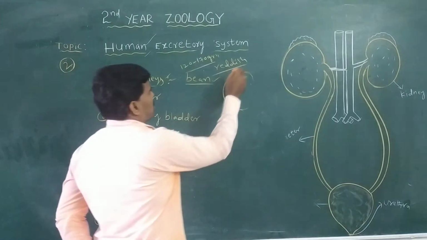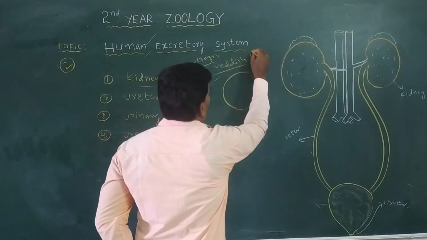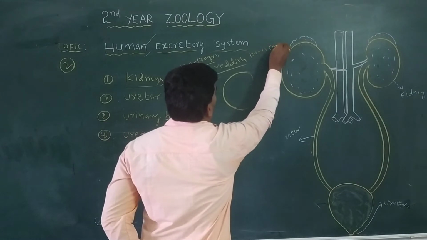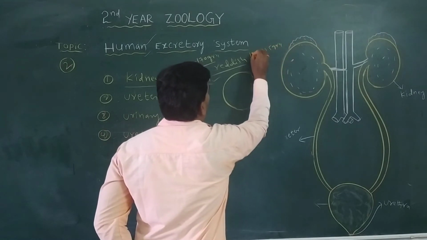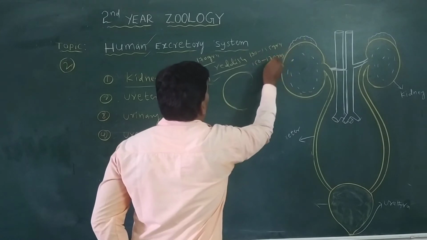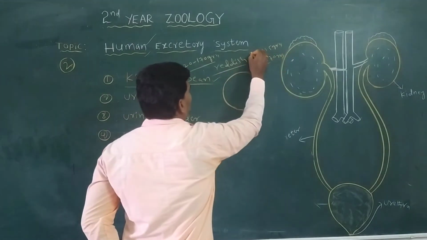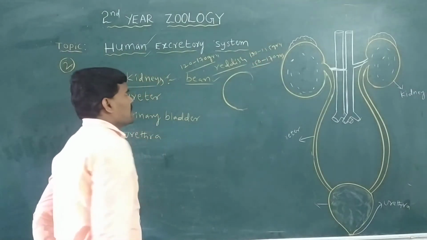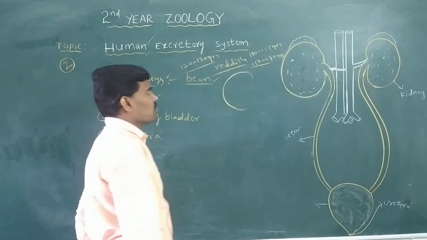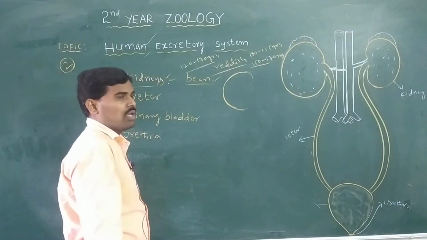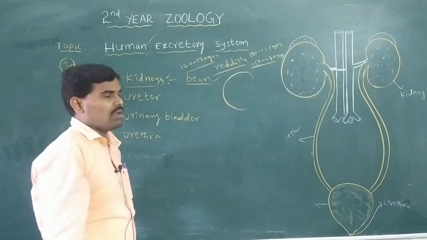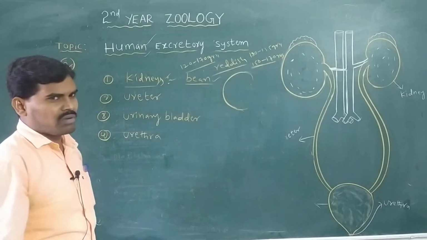The kidney weighs 120 to 170 grams: 130 to 155 grams in females, and 150 to 170 grams in males. The outer surface of the kidney has peritoneal layers.